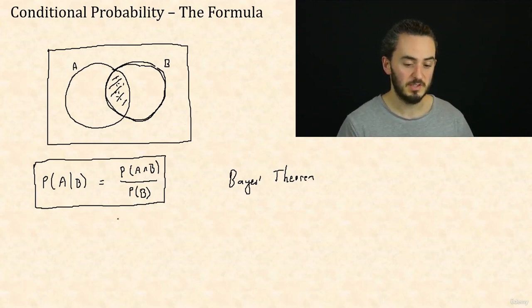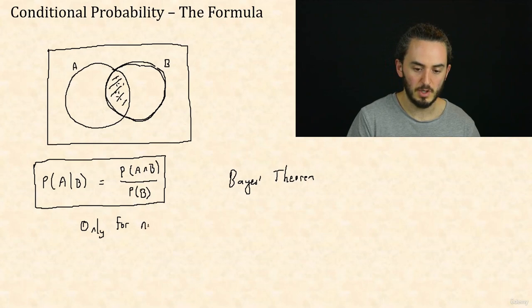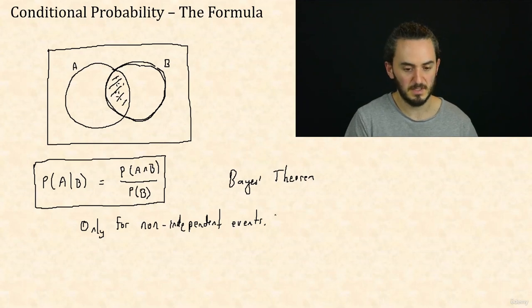Just before we launch into a question that involves this, notice that this only works for events which are not independent. The reason for that isn't that it goes wrong if they're independent. It's just super boring if they're independent.